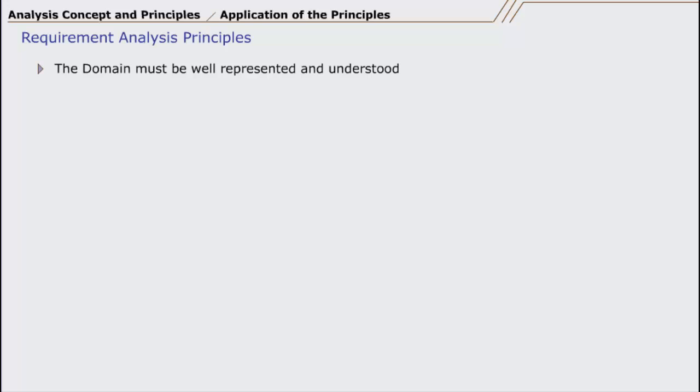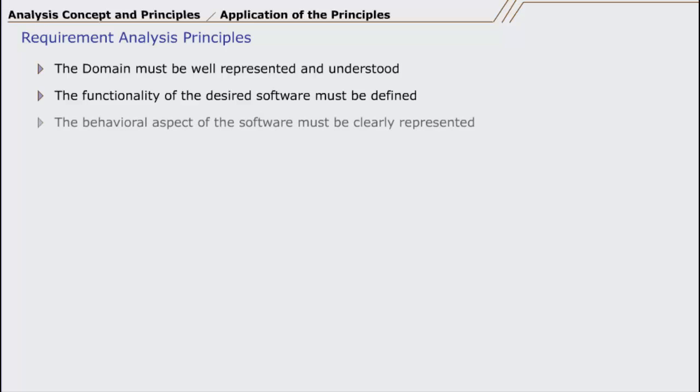The second guideline is that the functionality of the desired software must be defined. The third guideline is that the behavioral aspect of the software as a consequence of external events must be clearly represented.